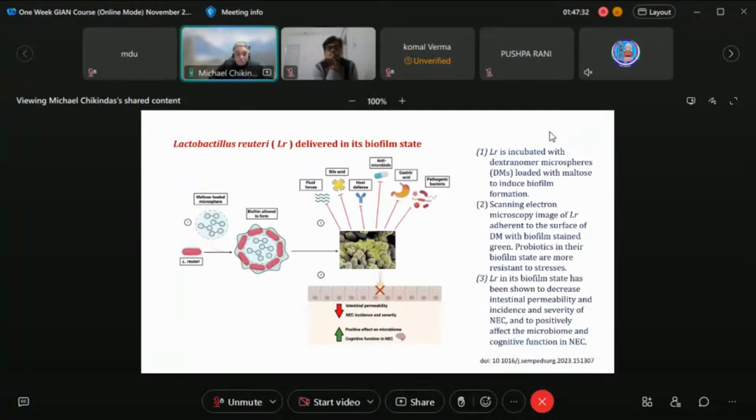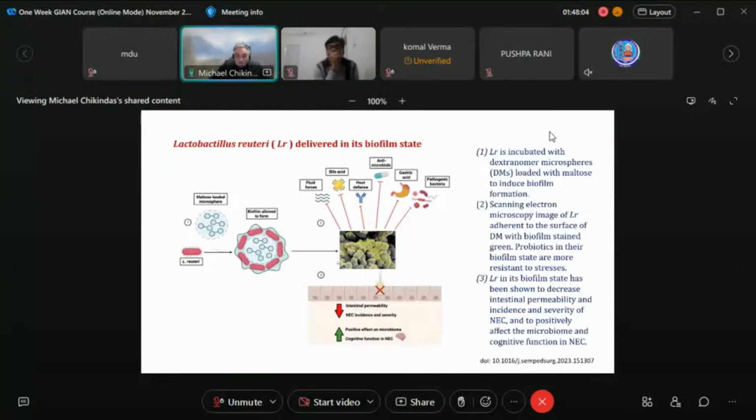One of the things that I would love to dedicate a standalone session to is delivery in a biofilm state. Here is an example with Lactobacillus incubated with dextranomer microspheres loaded with maltose, which promotes biofilm formation. You have here the electron micrograph image of the cells.